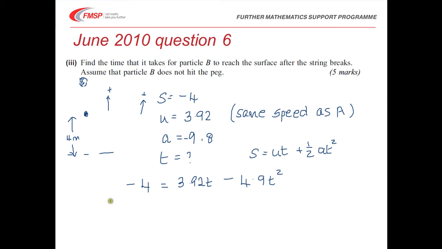So rearranging that, we have a quadratic formula, 4.9t squared minus 3.92t, that's taking everything over, minus 4 equals 0.